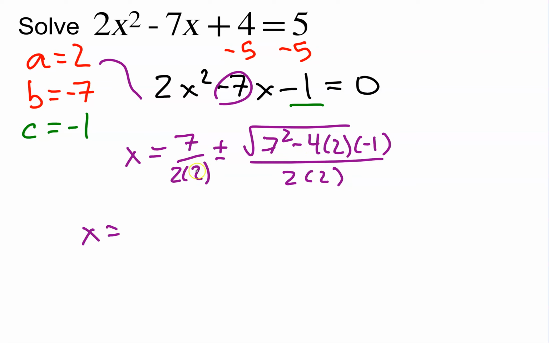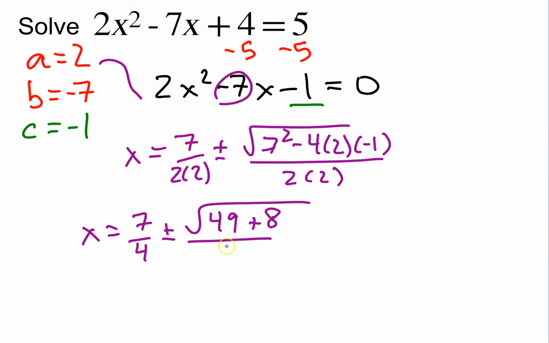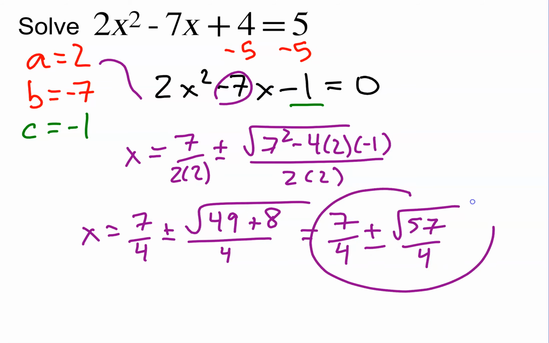So as I simplify, 2 times 2 is 4, so I have 7 over 4 plus or minus the square root of 7 squared is 49. And again, we have minus a negative. And if I subtract negative 8, it becomes plus 8 over 4, which gives me 7/4 plus or minus the square root of 49 plus 8 is 57 over 4. So this is my final answer.